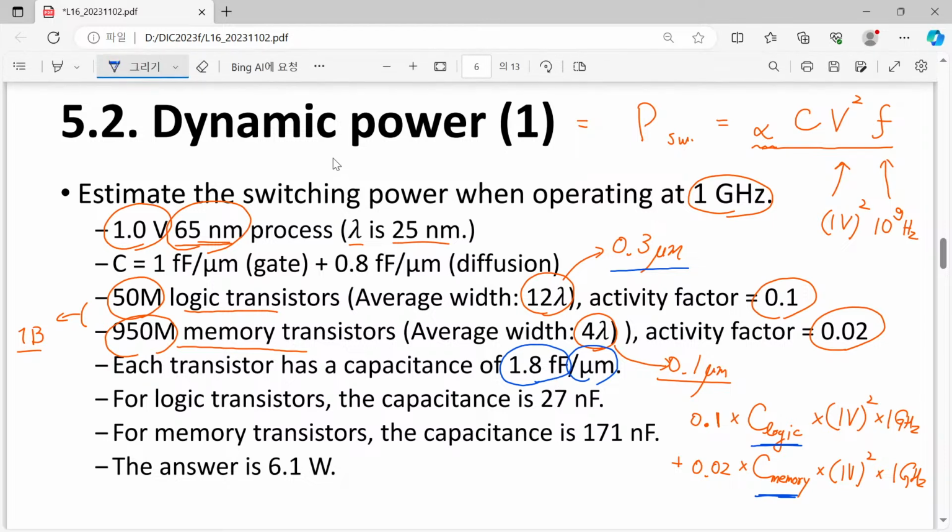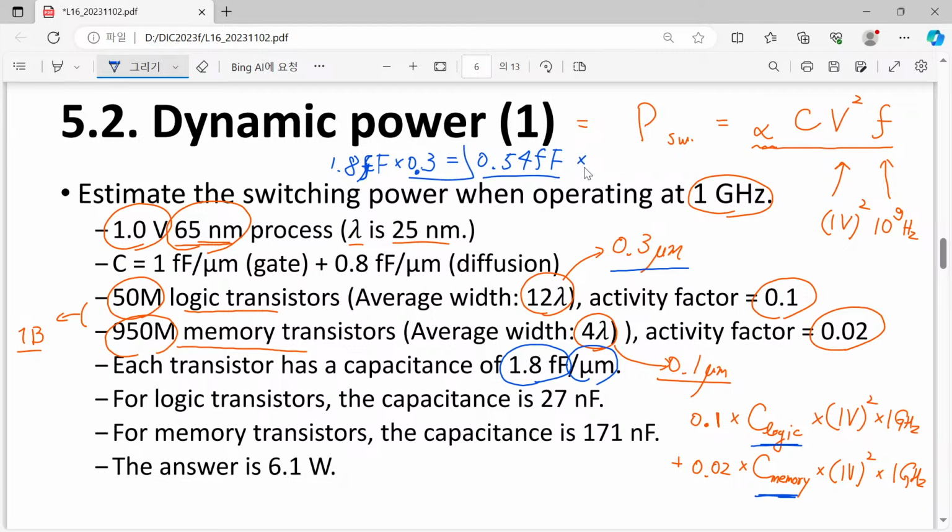Then in this case, for a logic device, we will have 0.54 femtofarad per transistor. And now how many transistors do we have?